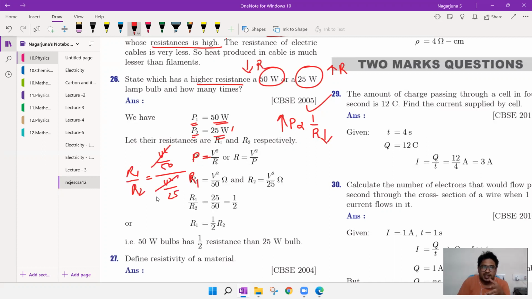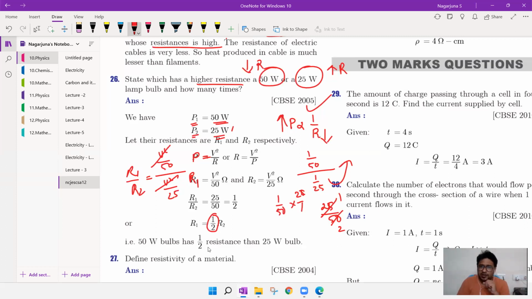V square gets cancelled. We get 1 by 50 upon 1 by 25, which can be written as 1 by 50 multiplied by 25 by 1. It becomes 25 by 50. 25 ones, 25 twos. So the answer is 1 by 2.